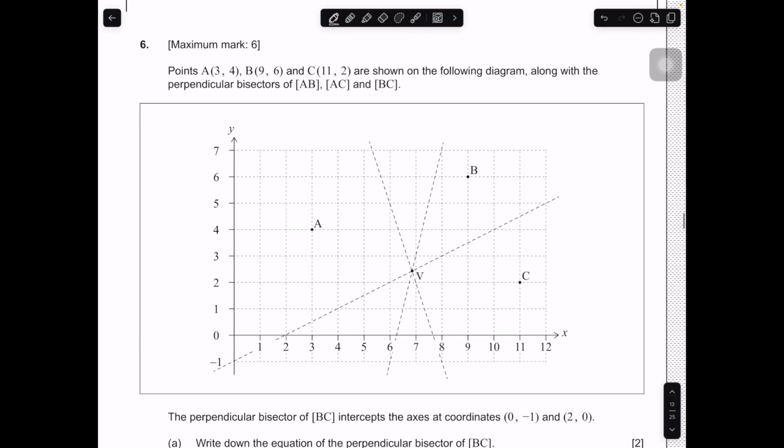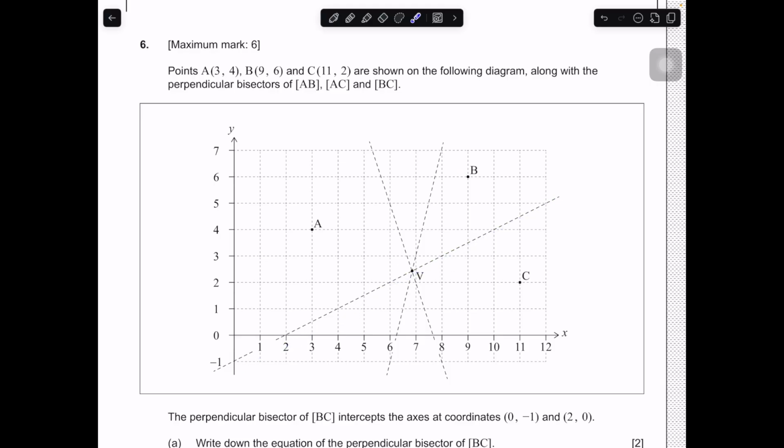All right, question 6. Here we go. Points A(3, 4), B(9, 6), and C(11, 2) are shown on the following diagram, along with perpendicular bisectors of AB, AC, and BC. So these are the perpendicular bisectors.